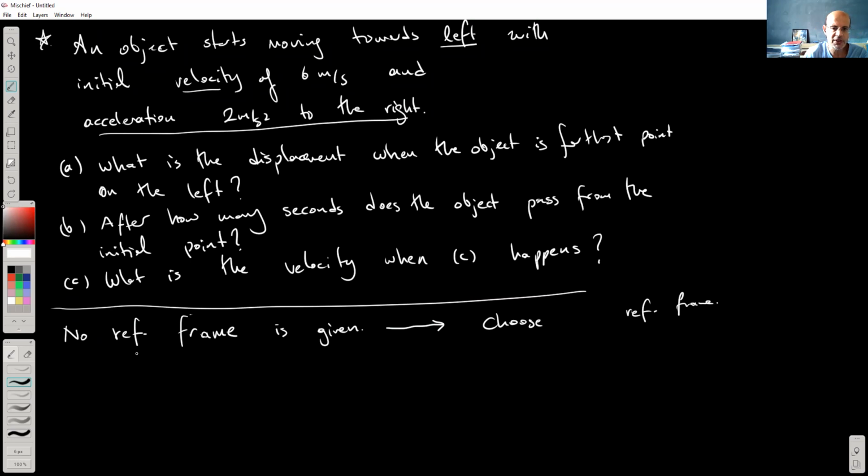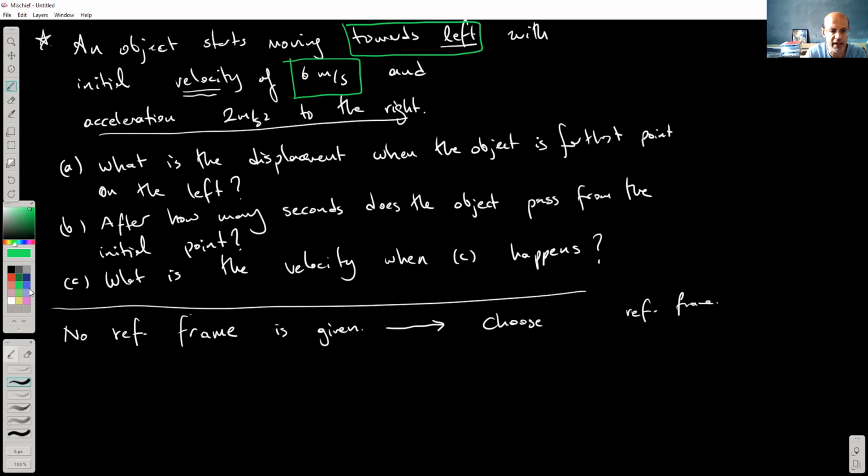But since there is no reference frame given in here, we have to use these left and right. I'm giving the information about the velocity, so I give both the magnitude information and the direction information. It's towards left. These two together make up the velocity.